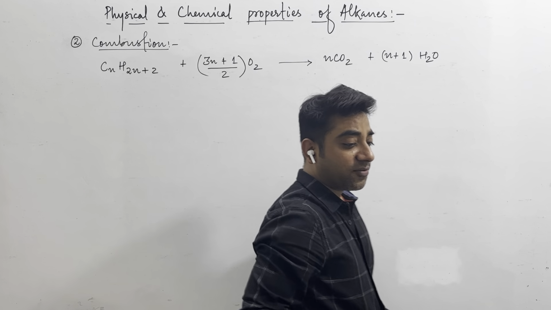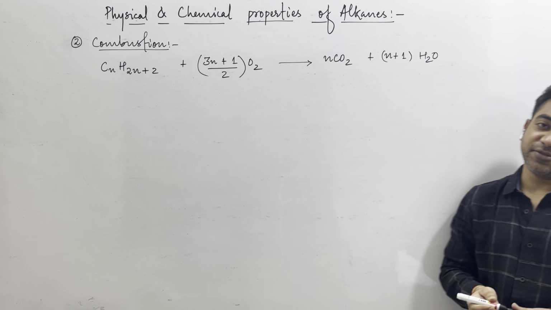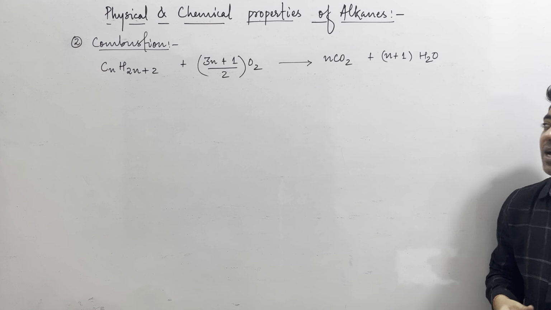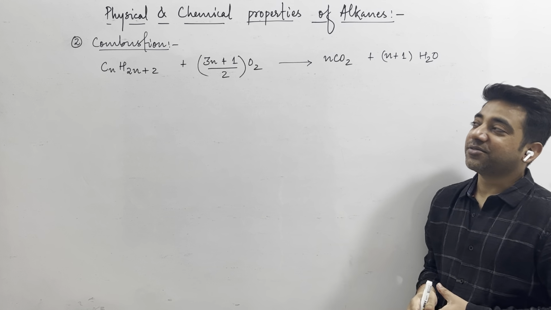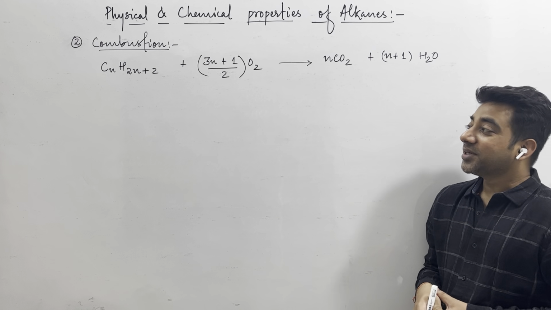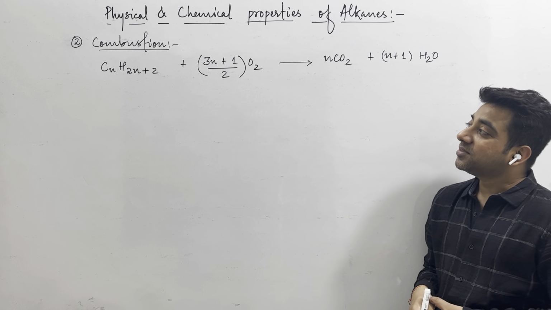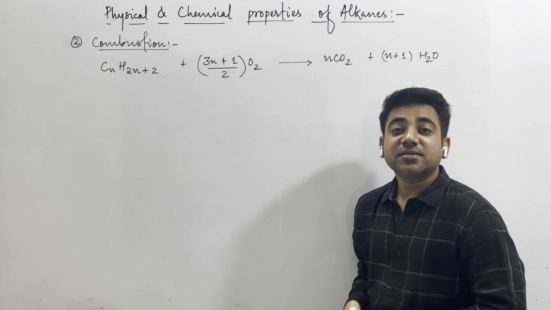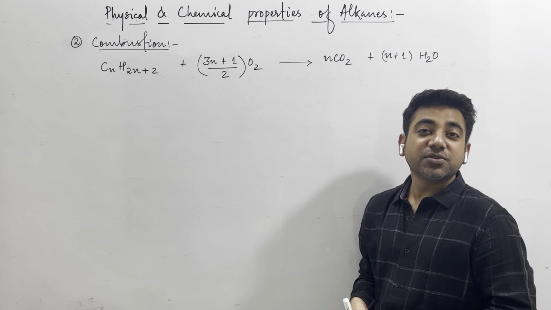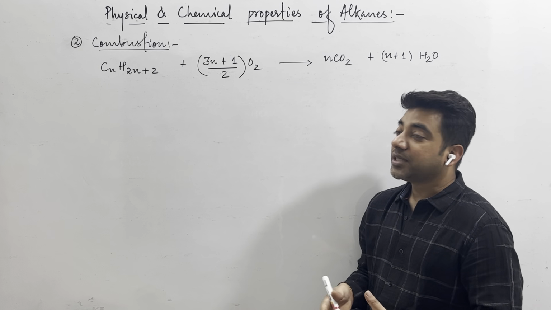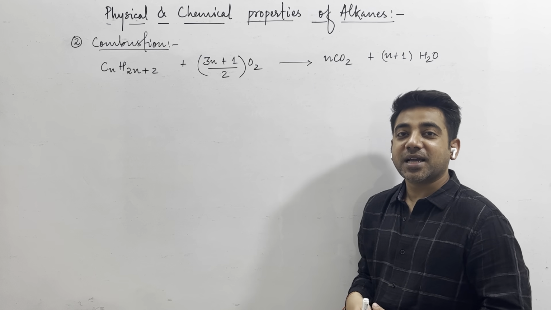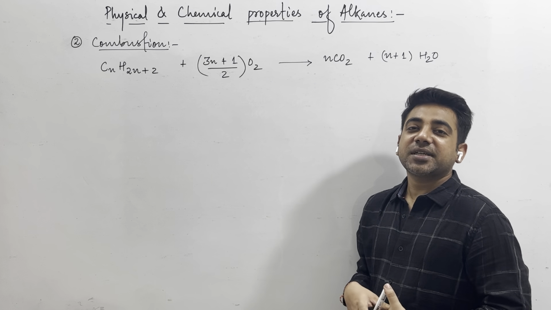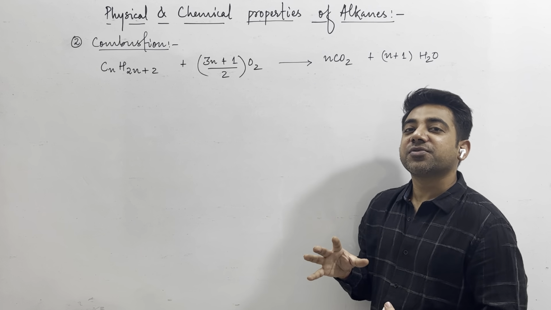And yes, of course, energy will be given off. This is combustion reaction, and you know very well in all combustion reactions, energy is given off. So you can try writing the reactions for this. Take different values of n. Start from methane, n is equal to 1. Especially for methane you write, for butane you take n is equal to 4 and you try to write the reaction. This kind of question can be given in examination for 1 mark.